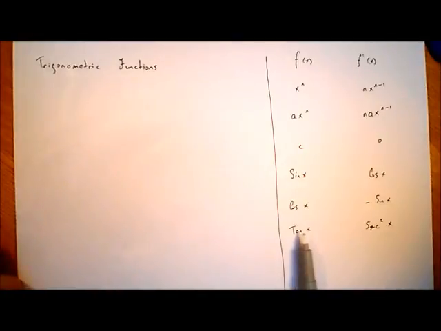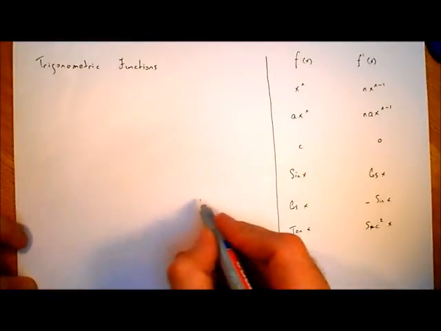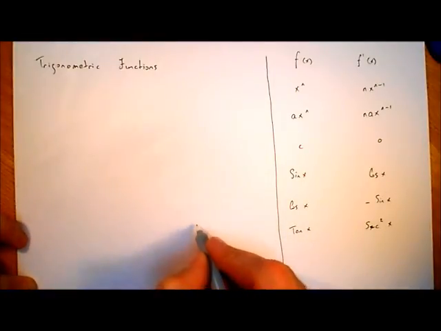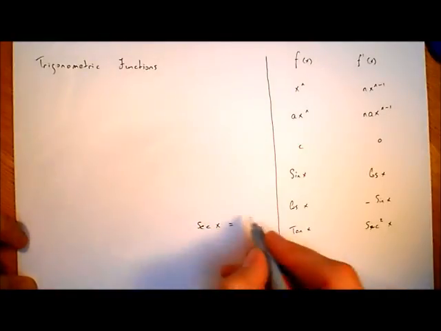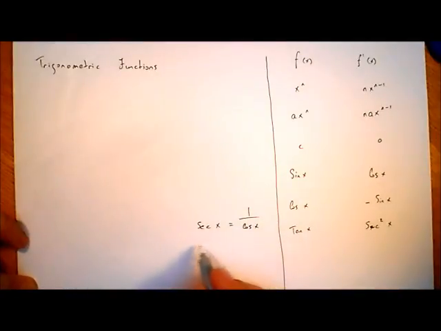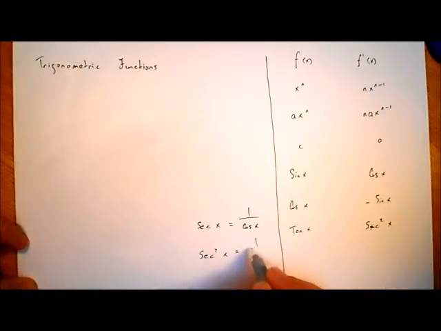Let's have a look at the tan x function first of all. So tan x differentiates to give us sec squared x. Sec is very, very simple. All it is, sec of x is just equal to 1 over cos x. Very straightforward. That means if we have sec squared x, that's equal to 1 over cos squared x.